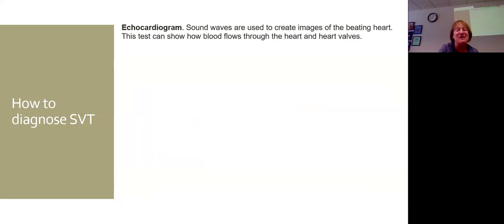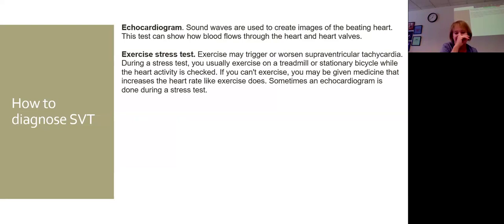Other ways to diagnose SVT: an echocardiogram. That's just like an ultrasound, and it can see if there are structural changes, whether you're going to be more prone to SVT or if you're actually in SVT. It can look at how the blood flows and your heart valves. Then an exercise stress test, which could trigger an SVT or even create a worsening SVT.